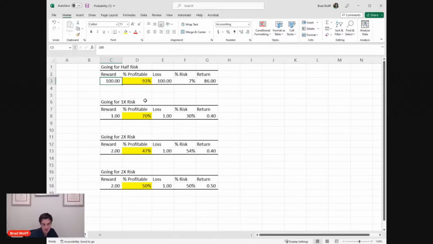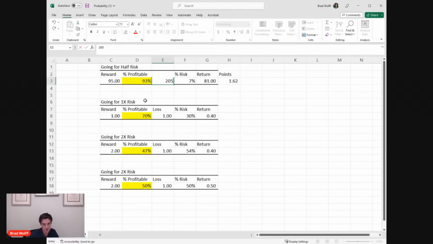But the reality is that's not true, because if you're trading, let's say, E-minis, you're really paying $5. So your possible reward is 95, your loss is 105, and your return would be 81. So what that means is you'd make 1.62 points per trade.